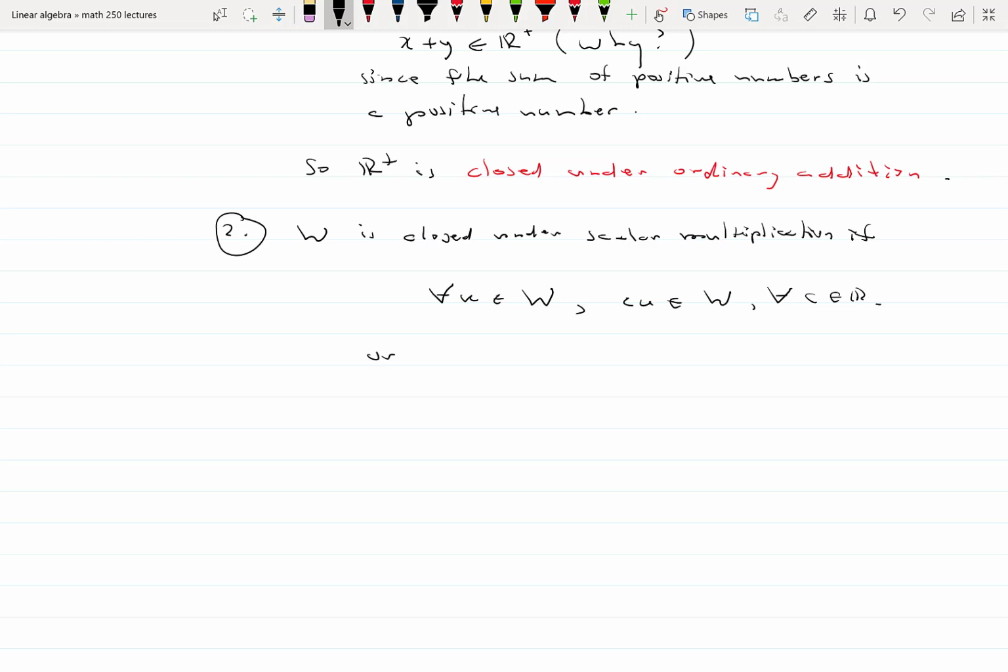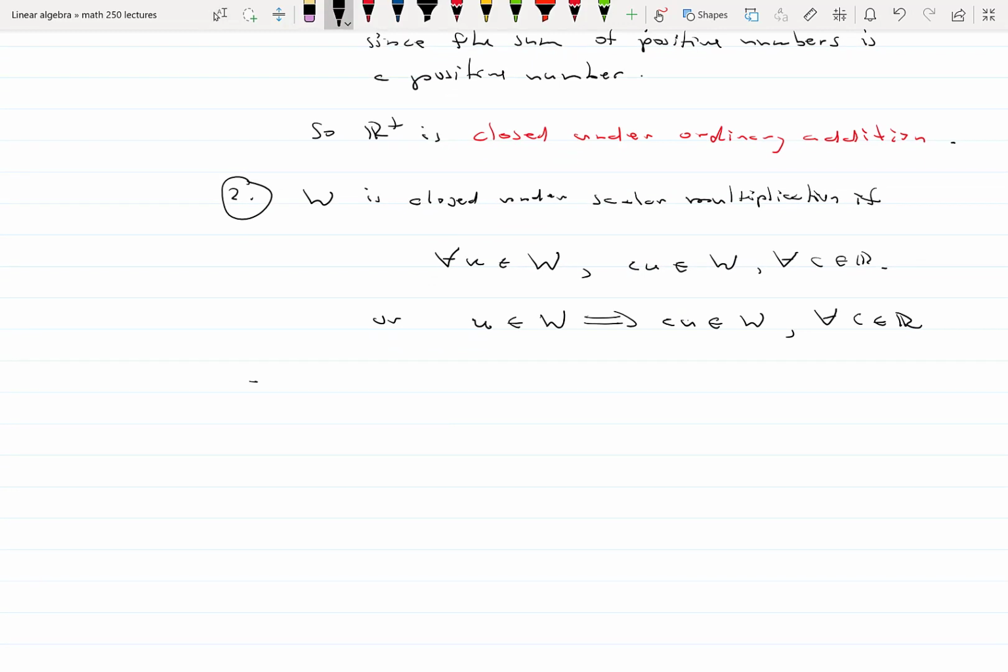In other words, if u is in W, that implies that cu is in W for every real scalar c.